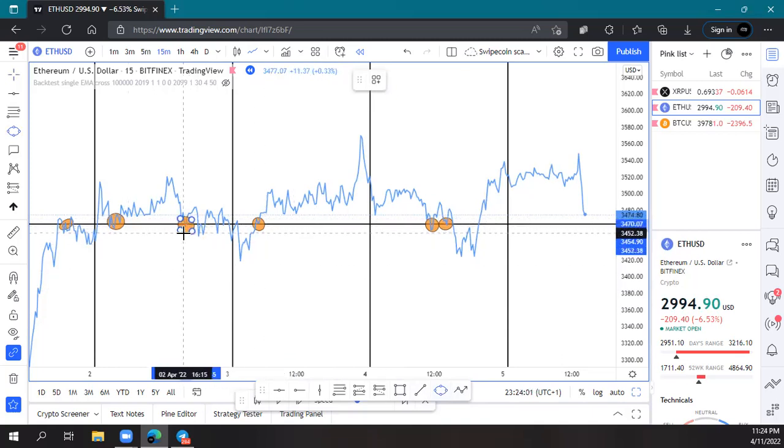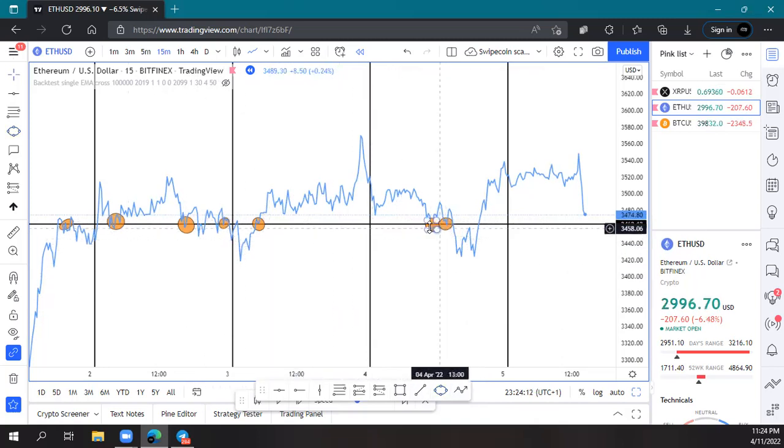So this is another touch area. There are several touch areas around here, right? So 5 to 8, we got 1, we got 2, this is 3, this is 4, this is 5, this is 6, this is 7, there's 8, there's 9, there's 10, 11, right? We have multiple touches. So I can tell myself that, yes, this is a solid support zone, right?